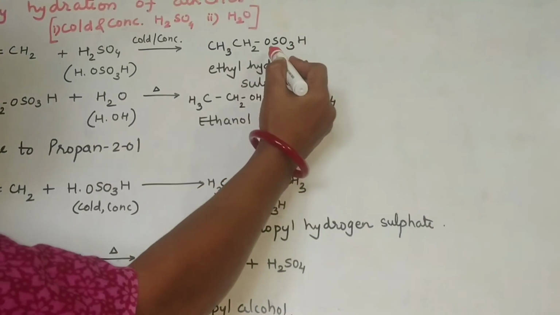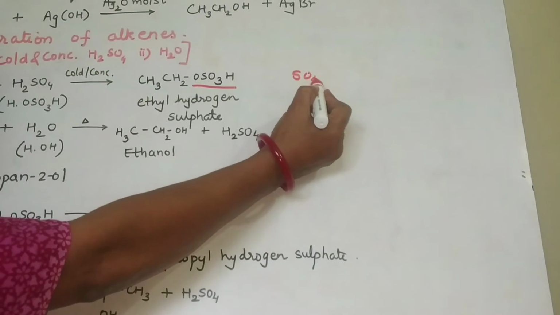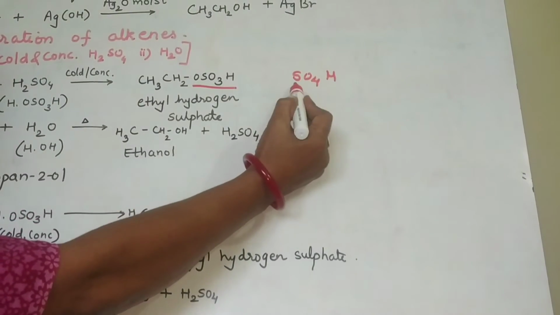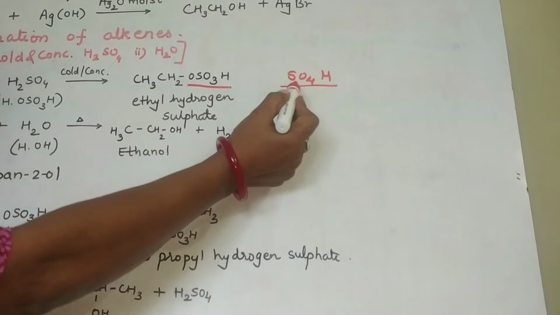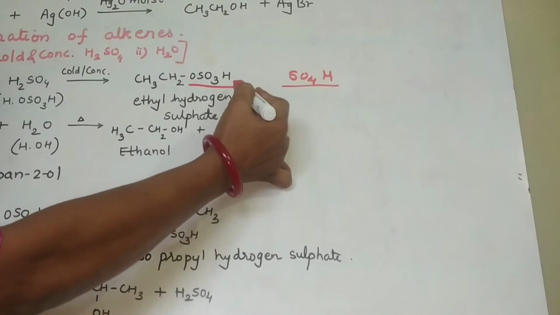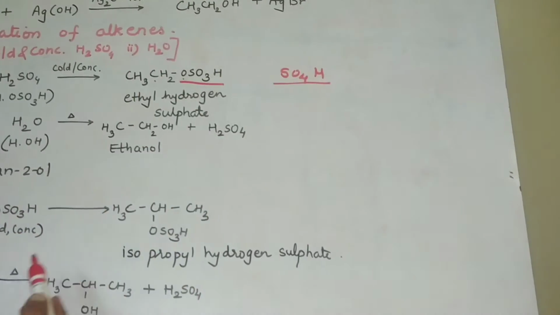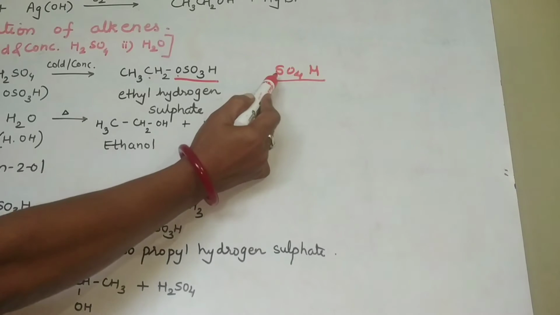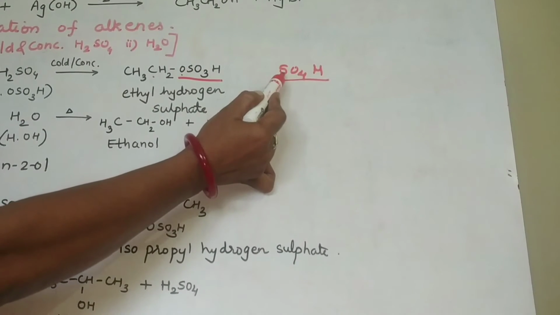You can notice here that this OSO3H group is nothing but the SO4H group. But it should be written as OSO3H. You cannot write like this in the reaction because the attachment of carbon is with oxygen. If you write SO4H, the attachment of carbon will come with sulfur, which is not correct.